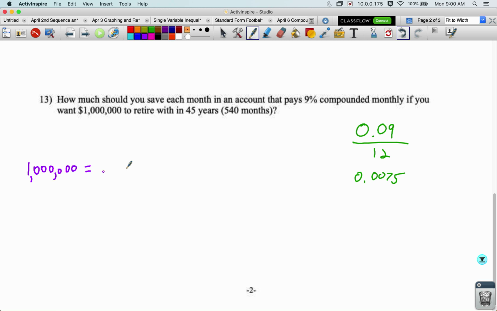All right, what we don't know is that initial amount, and that initial amount is going to tell us how much to deposit. So this is a sub 1. Now in the formula we do 1 minus our rate, 1.0075. I added a 1 to this so I get my full amount back, to the power of 540 divided by 1 minus 1.0075.